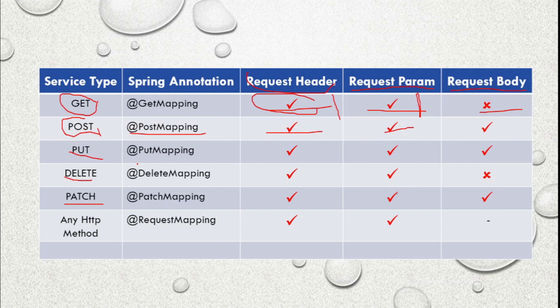Spring provides us @PutMapping to define a service as a PUT service. PUT service also supports request header, request parameter, and request body, because we are going to update the record, the entity, the resource. So the request body is needed for that.